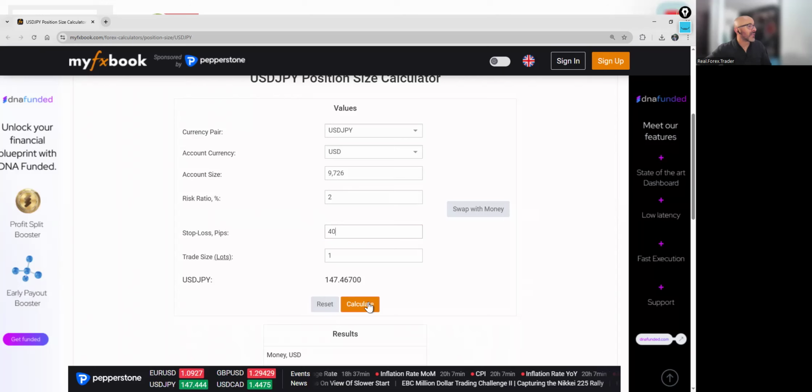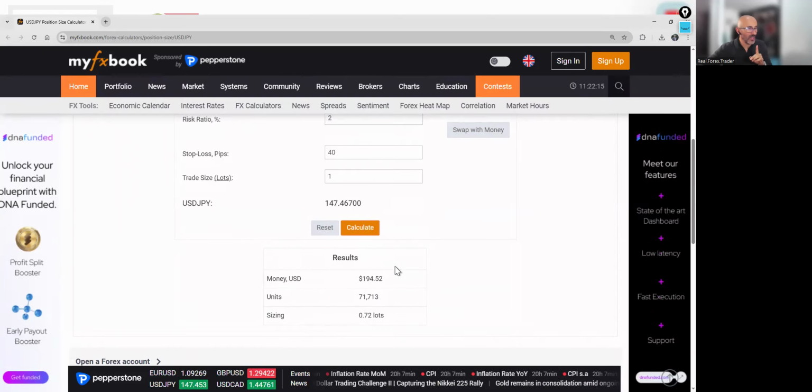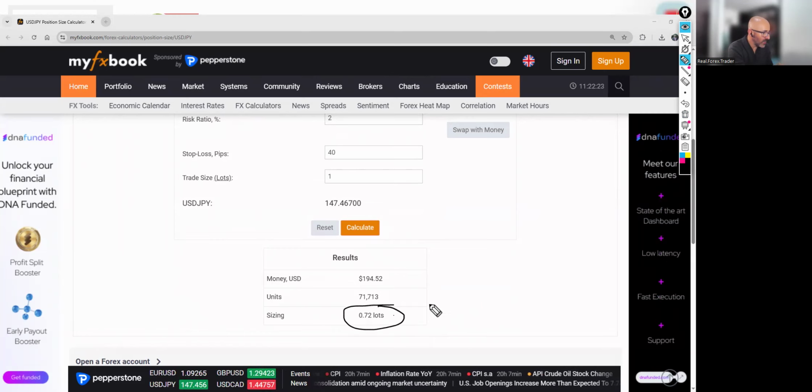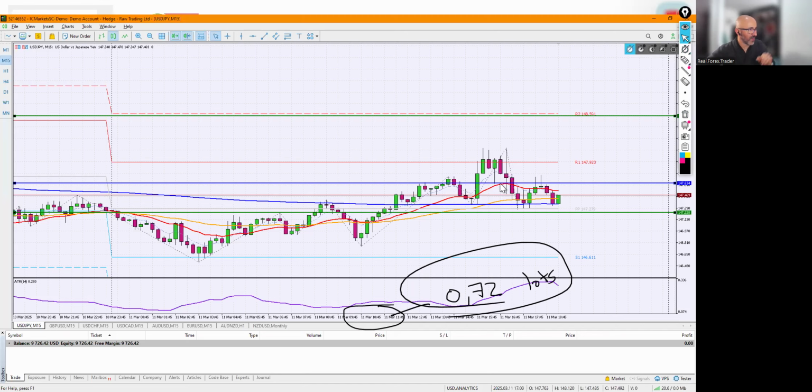So I tell it calculate. So for this very trade, look at this. My lot, or the size for my trade, is going to be 0.72 lots. This number is very important at the moment of trading.